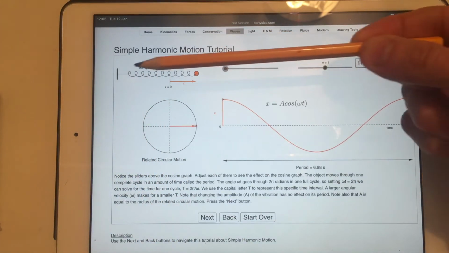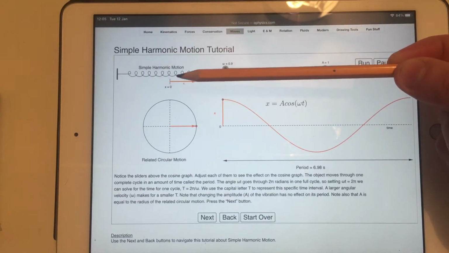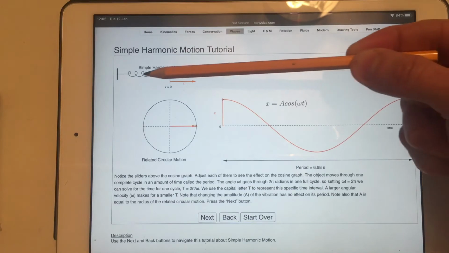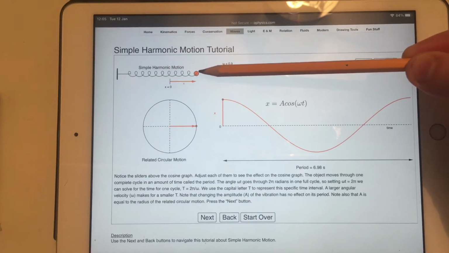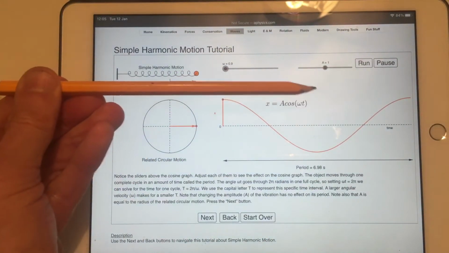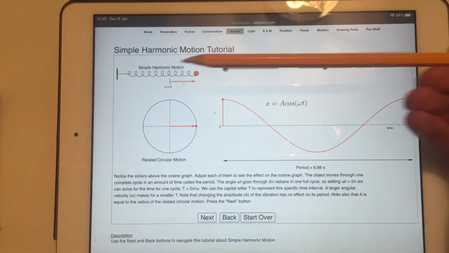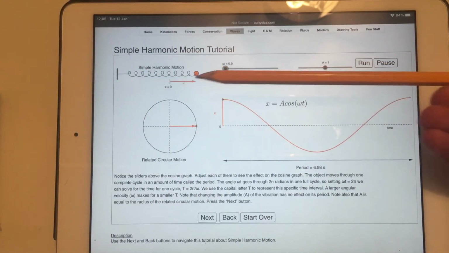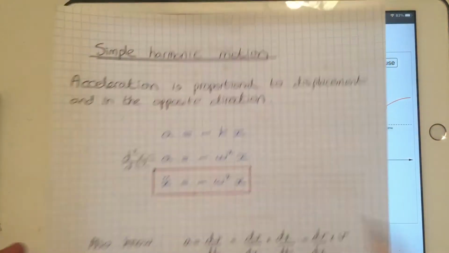The spring is going to be pulling the object back towards the original position. So the force is going to be in the opposite direction to the displacement. It's been pulled in this direction, but the spring force is going to be acting to pull it back in the opposite direction, hence the negative.